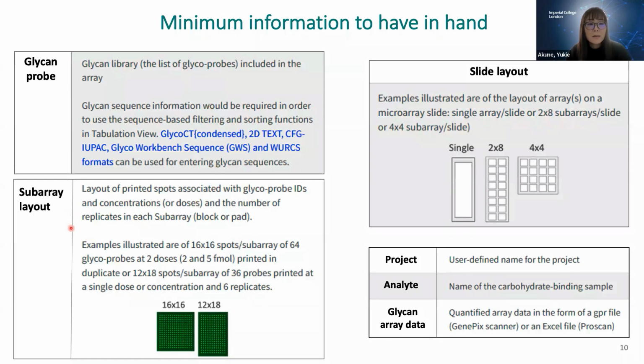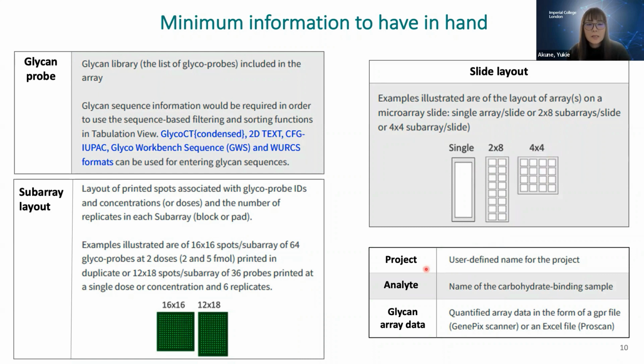And then the subarray layout, the arrangement of the spot locations on one subarray. And then the slide layout, the arrangement or design of the subarrays in one slide. It can be one single huge subarray in one slide, or multiple subarrays in one slide, like 2x8, 4x8, or anything's fine.